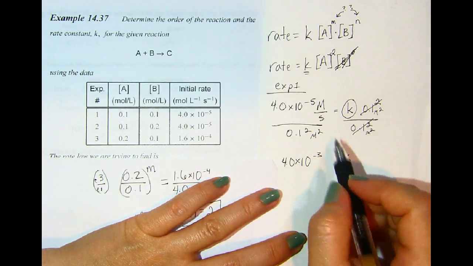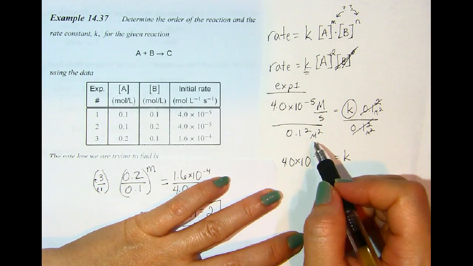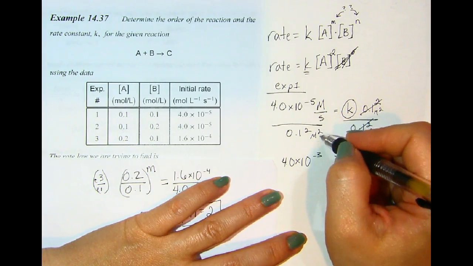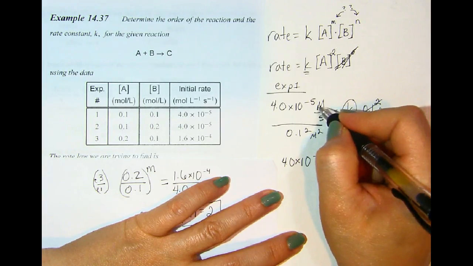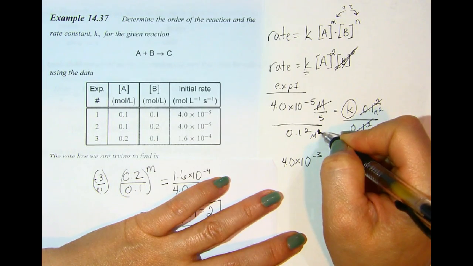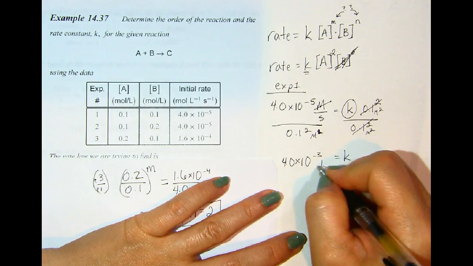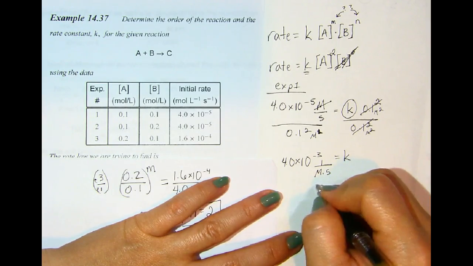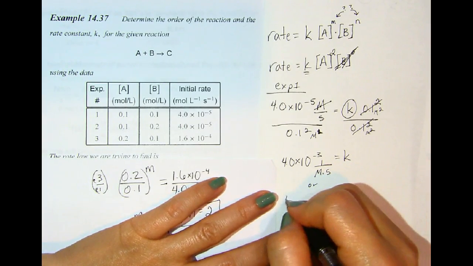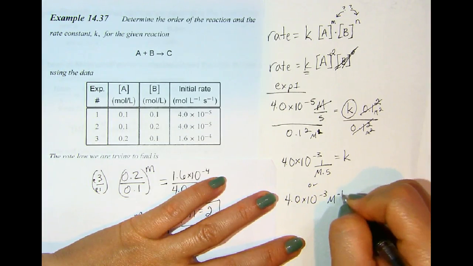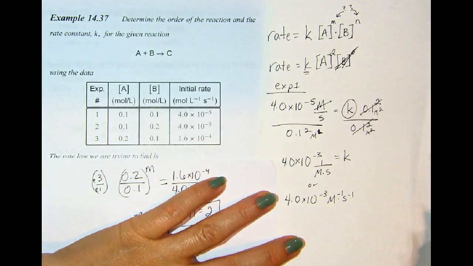But here's the kicker. What is the unit for this? When you take molarity per second divided by molarity squared, this molarity cancels with one of these two, and I'm left with 1 over molarity times second, which is the same thing as 4.0 times 10 to the negative 3, molarity to the negative 1, seconds to the negative 1.